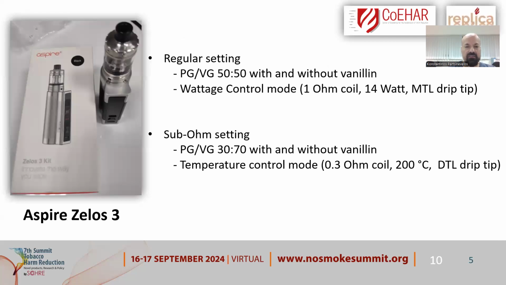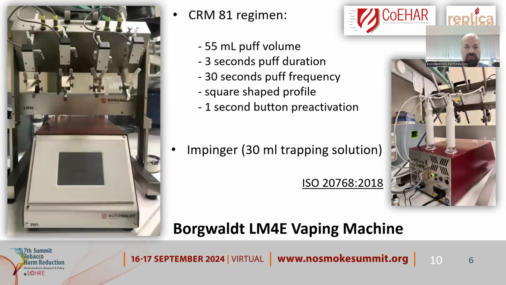The e-cigarettes that we used were Aspire Zelos 3, bought from Italian dealers. We applied 2 widely used settings, regular setting and supra-ohm setting. The e-cigarettes were vaped by the Borgwaldt LM4E vaping machine, following the CORESTA reference method number 81.